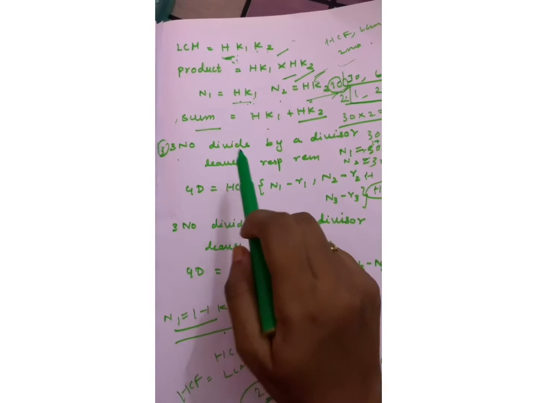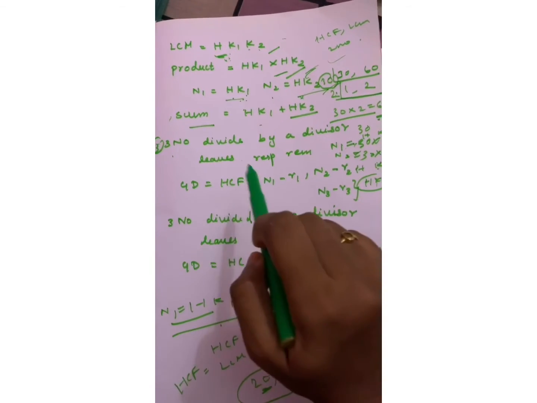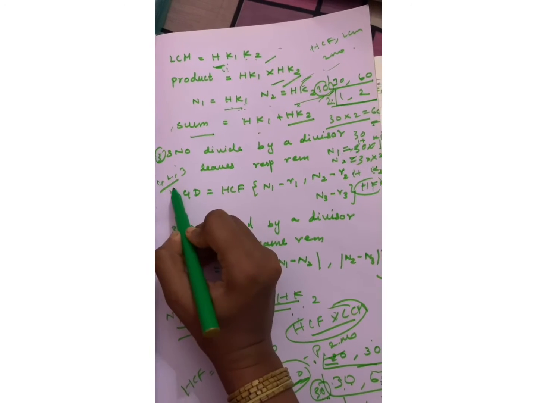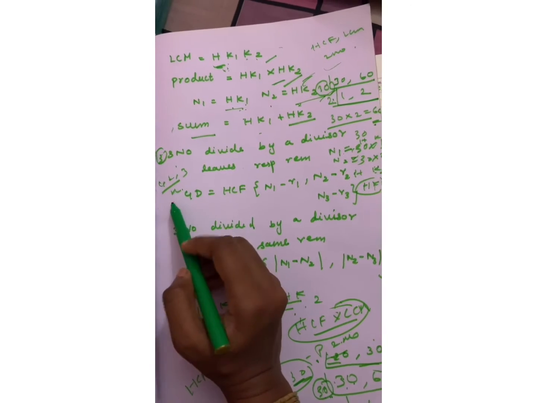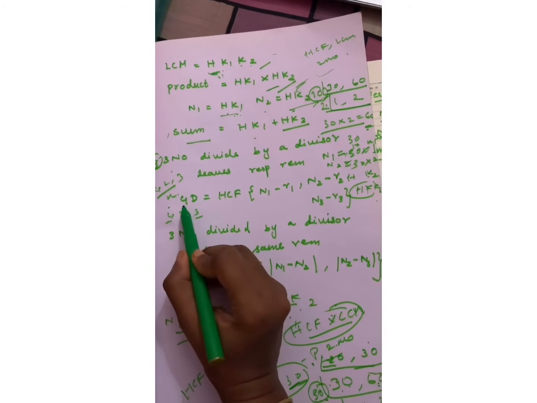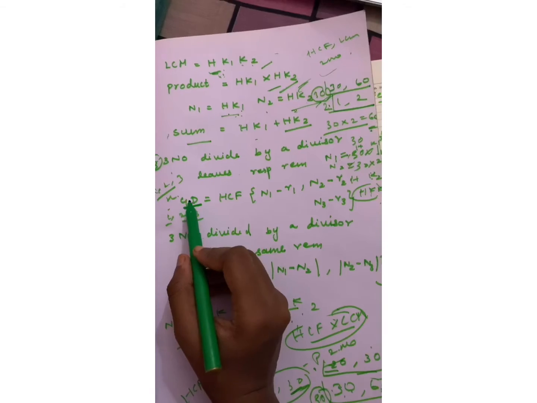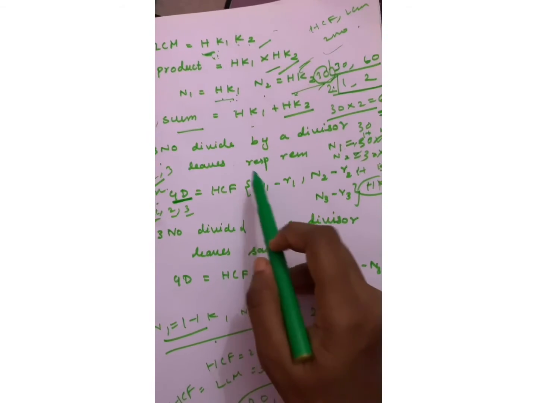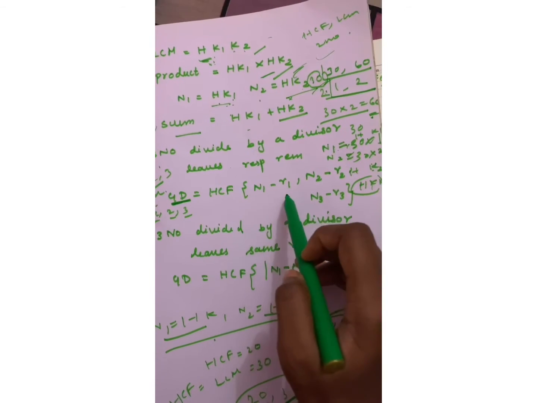three numbers divided by a divisor leave the respective remainders. Three numbers like 1, 2, 3 are divided by a divisor, and it gives the respective remainders, that is, different remainders. That time you have to use this formula GD. It is the greatest divisor. Greatest divisor is equal to HCF of the bracket N1 minus R1.